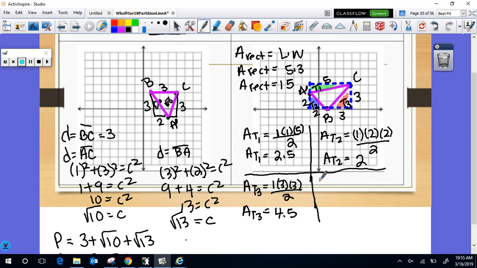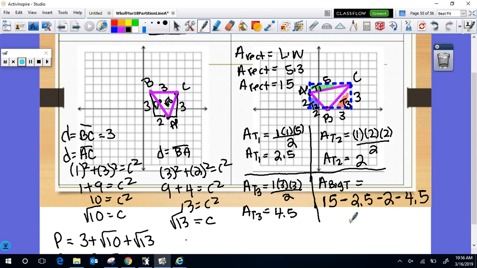So now what we're going to do is take the area of the rectangle to get the area of the big triangle, which is that purple one in the middle. We're going to take 15 and subtract out each one of these little areas. So 2.5, 2, and 4.5.